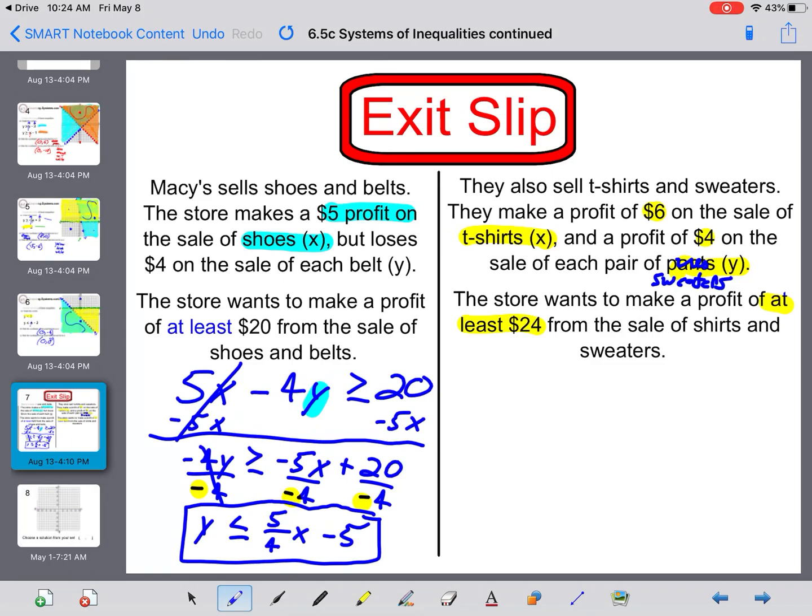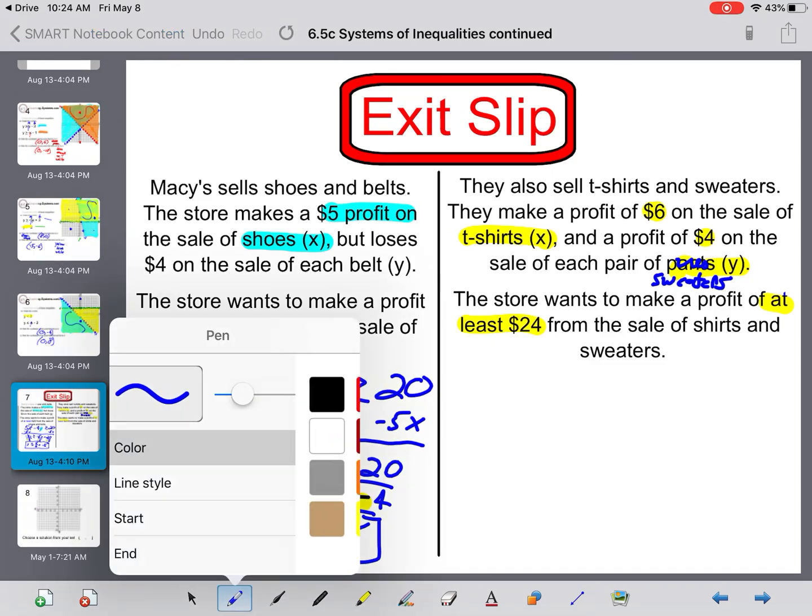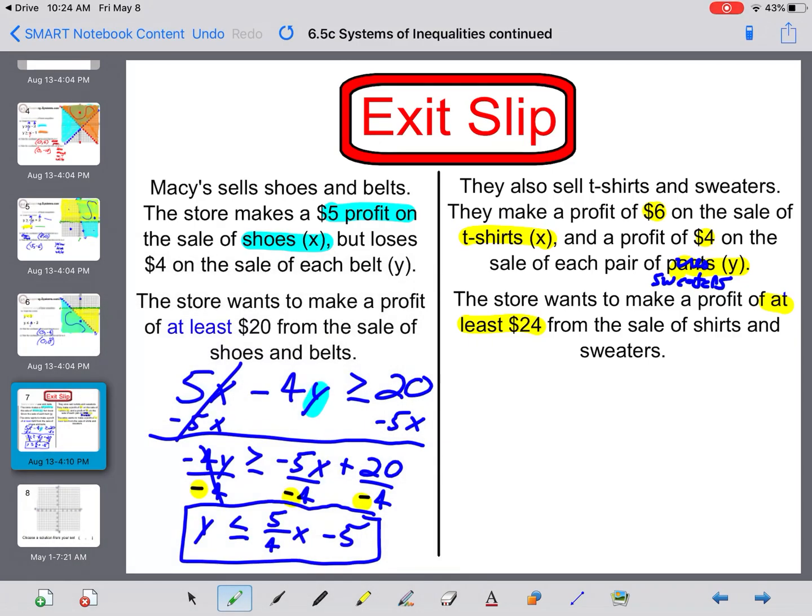So, your new inequality is going to say 6X, $6 per t-shirt, plus a profit of $4 per sweater, Y, at least, again, is greater than or equal to 24.